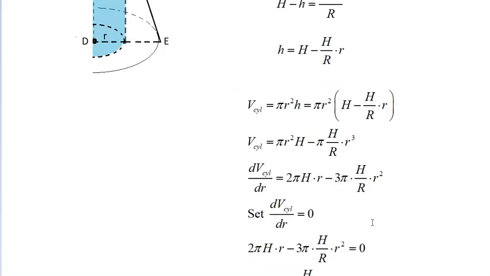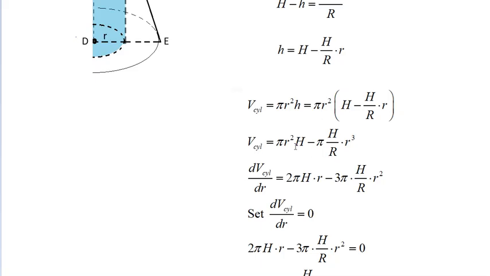We want to maximize the volume of the cylinder, so we'll take the derivative with respect to r, since the volume of the cylinder now is a function of small r. Recall that big H and big R are fixed and constant.